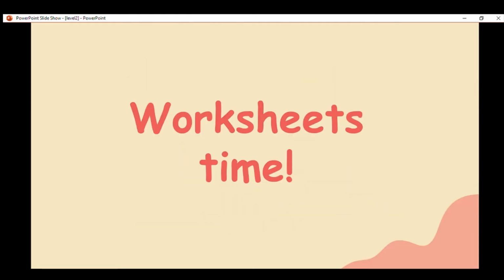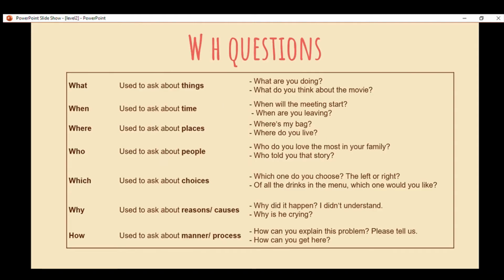Now it's time for the worksheets. You need to read all the story first and then you can answer the questions. In the questions of the stories, there are usually WH questions. What is used to talk about or ask about things.